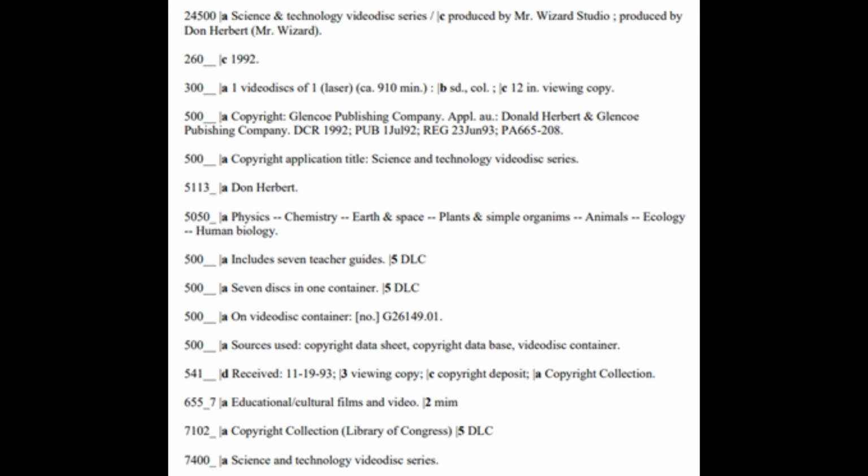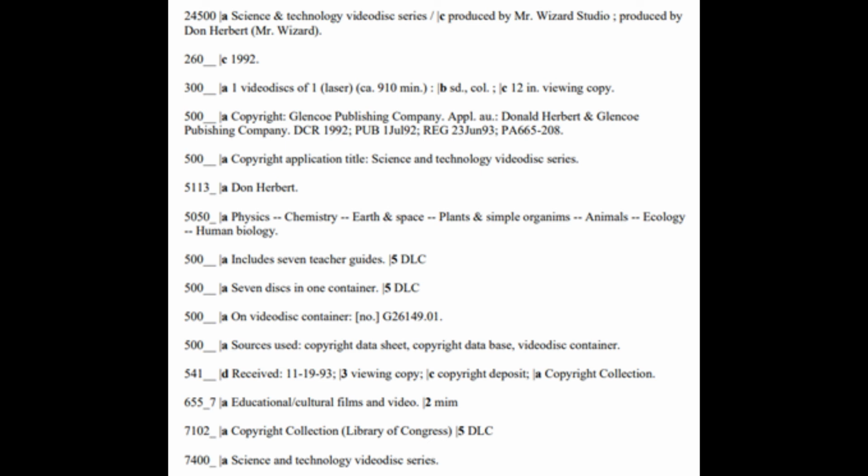Then 655, that is the genre of the item. It's educational or cultural films and video. Then 710, that is the added entry for the corporate author. We have a corporate author also.